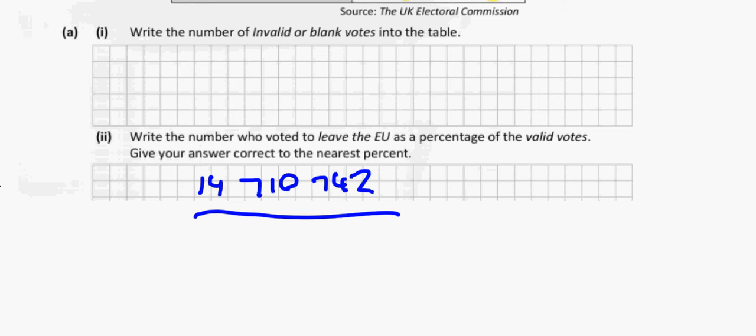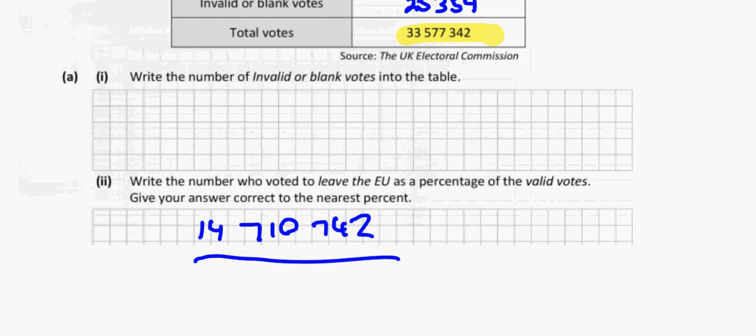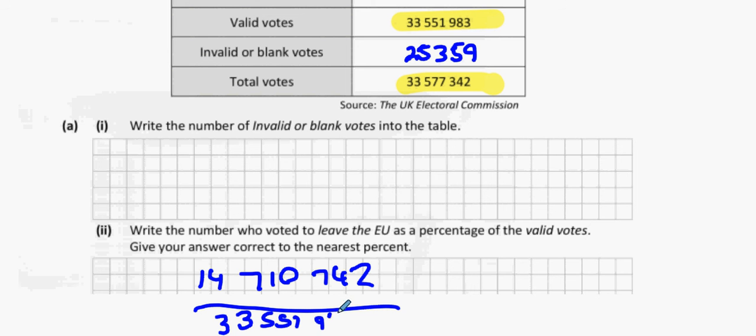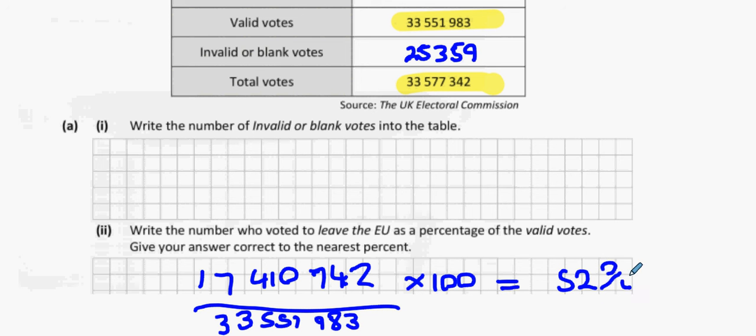The number of valid votes, which is 17... Call that one more time. 17,410,742. Multiply that by 100 and what do we get? 52% rounded up. So far not so bad, is it?